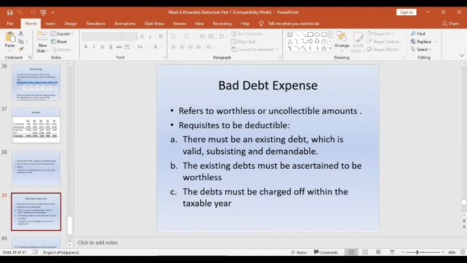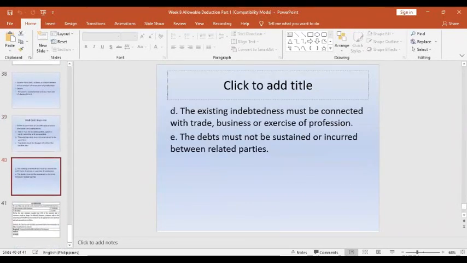The debt must be a deductible loss from the gross taxable income, because bad debt is an uncollected receivable, so it will be treated as a loss, especially in accounting. The existing indebtedness must be connected with a trade, business, or exercise of profession, and the debt must not be sustained or incurred between related parties.